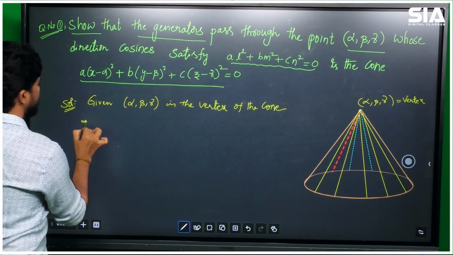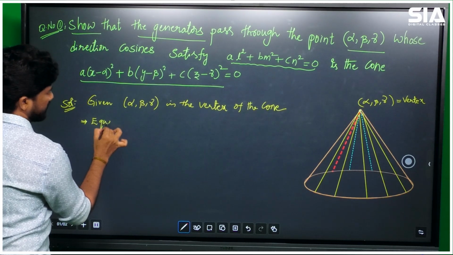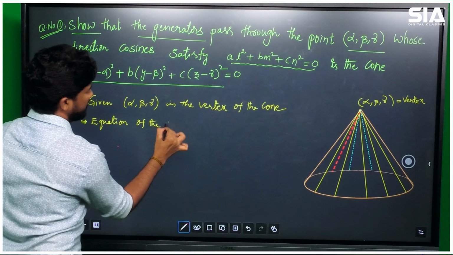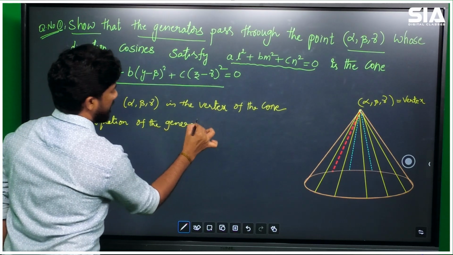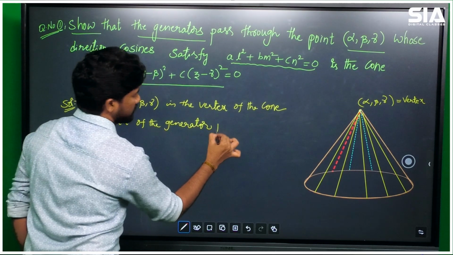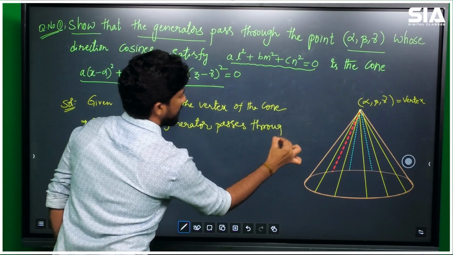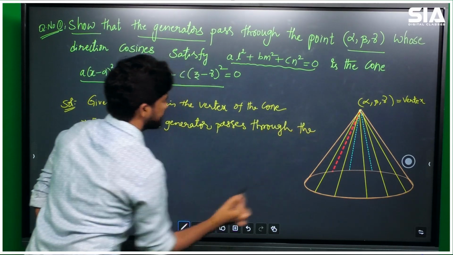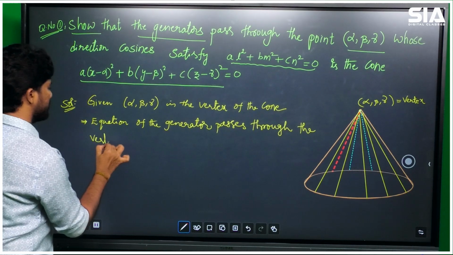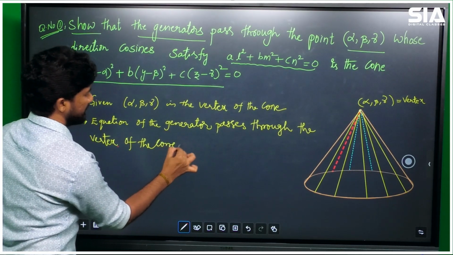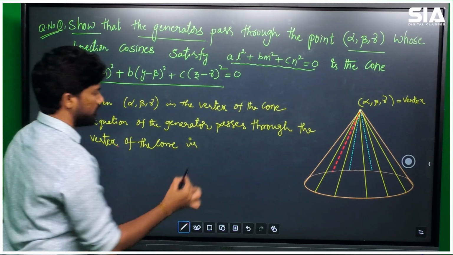So the equation of a generator passing through the vertex of the cone, you know very well that equation.